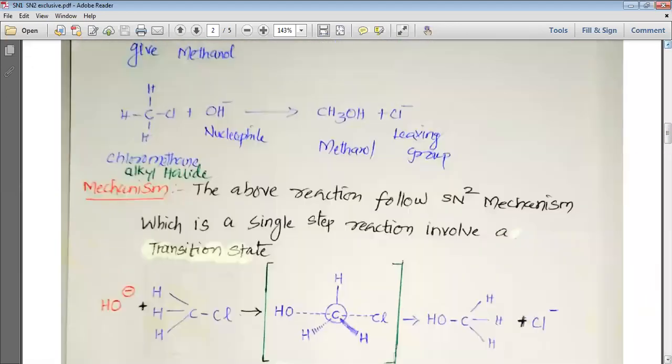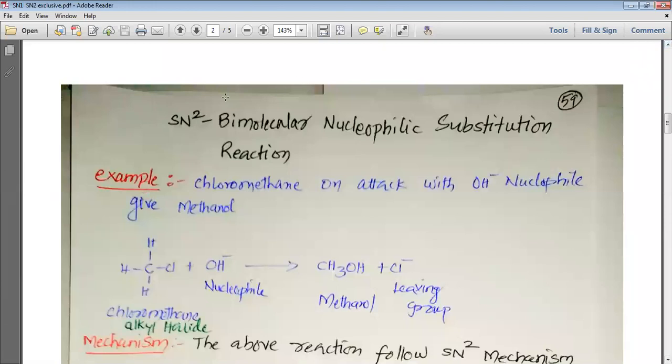Now, my dear students, we are going to study the SN2 reaction, which is a bimolecular nucleophilic substitution reaction. The example for this bimolecular substitution reaction is chloromethane on attack with OH minus nucleophile giving methanol.